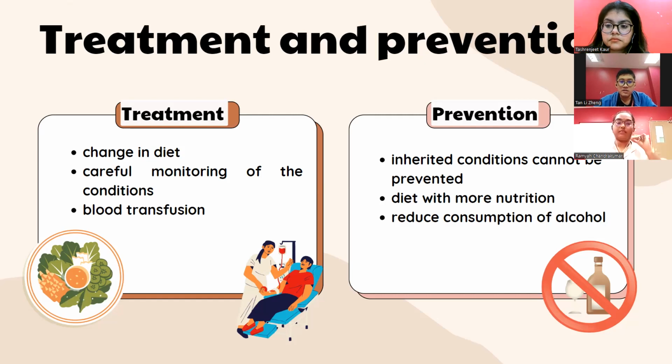Another prevention is to reduce your consumption of alcohol because alcohol will hinder your body's capability to create more hemoglobin and also red blood cells.